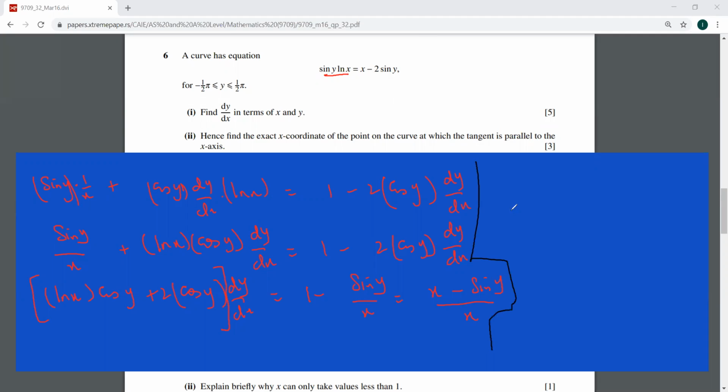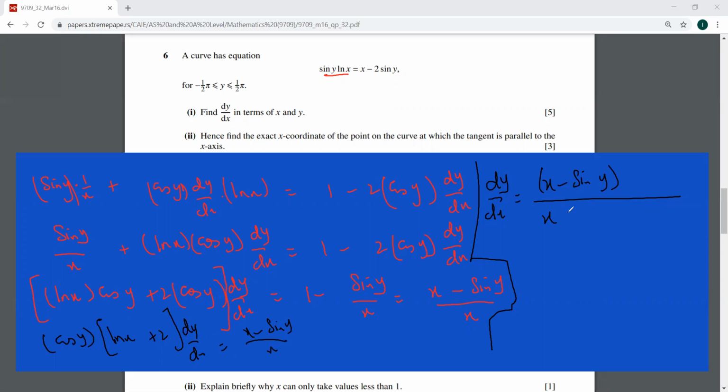Okay, and then finally you have dy by dx, that is x minus sine y over x, and all of this, if you see the cos y is common here as well, so this is going to be ln x plus 2, okay, dy by dx equal to x minus sine y over x.